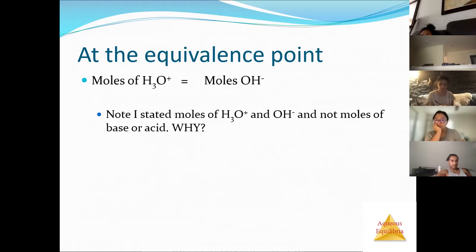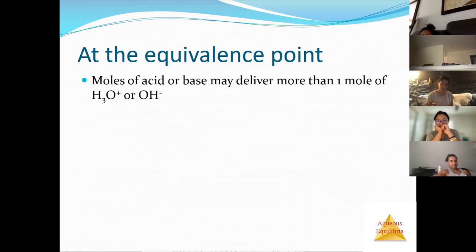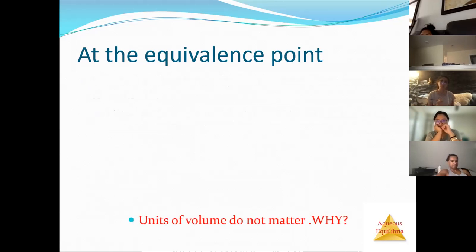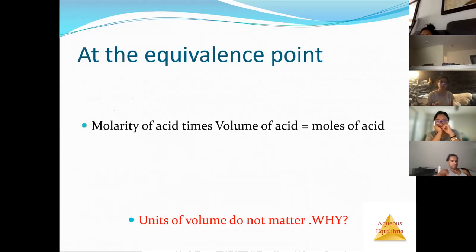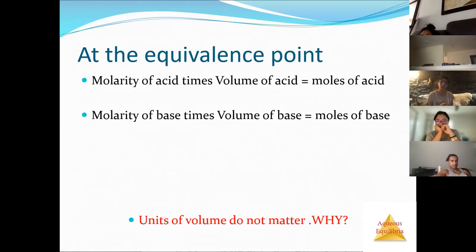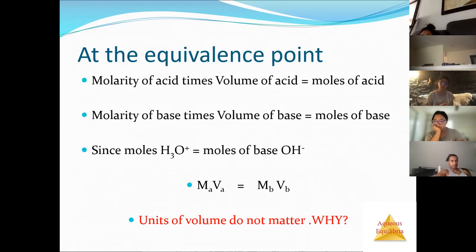Again, just like a normal titration, I'm talking about moles of H3O and moles of OH minus. If the moles of H3O delivered by the acid equal the moles of OH minus delivered by the base, I can shorten the equation to MAVA equals MBVB.